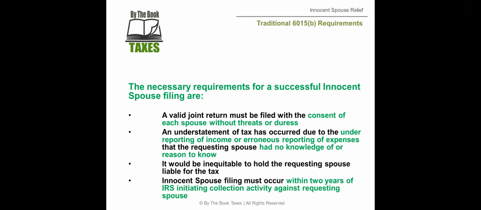The spouse requesting the innocent spouse relief must make the filing within 2 years of when the IRS initiates collection activity against them. You can't wait forever. It's got to be within 2 years of the IRS's attempt to collect from the spouse requesting relief.